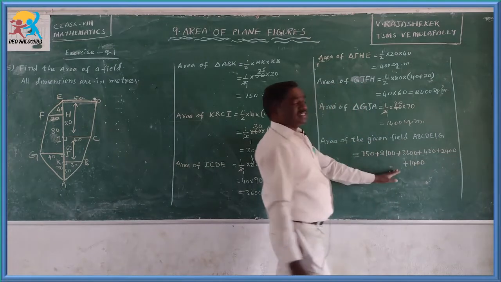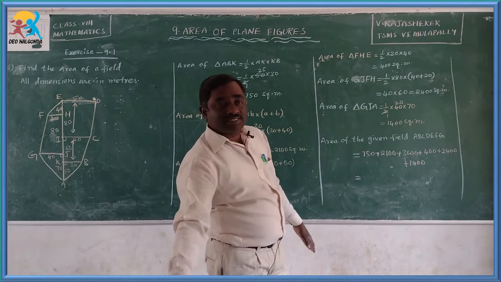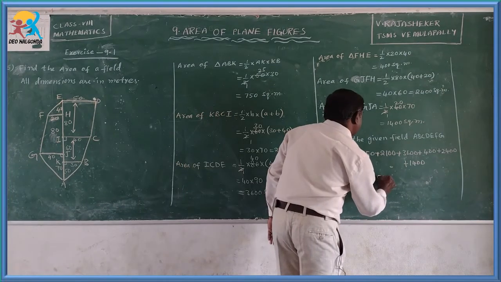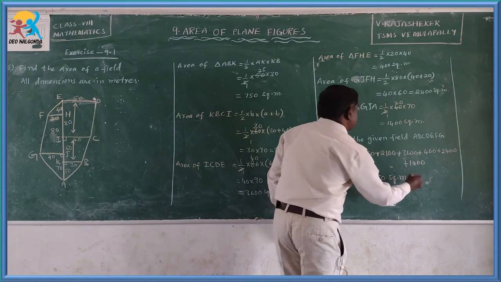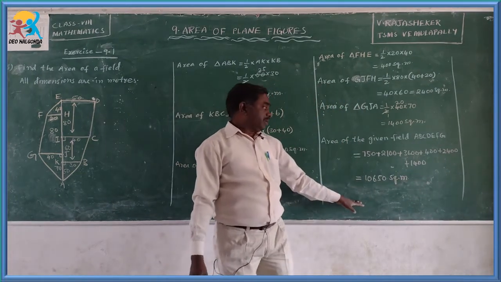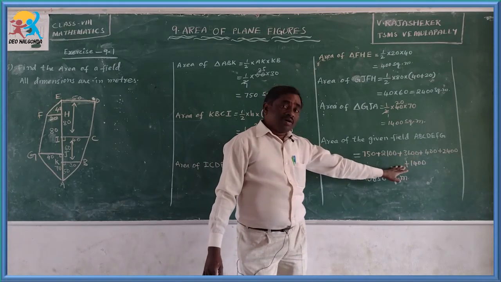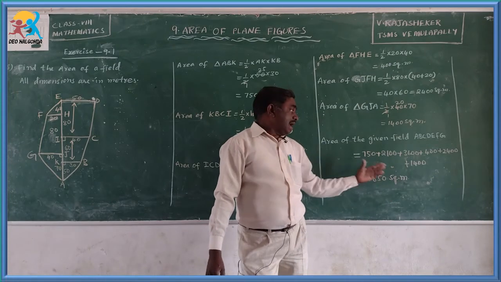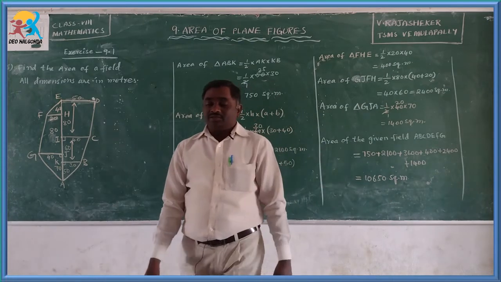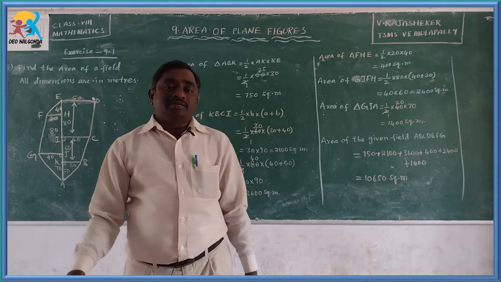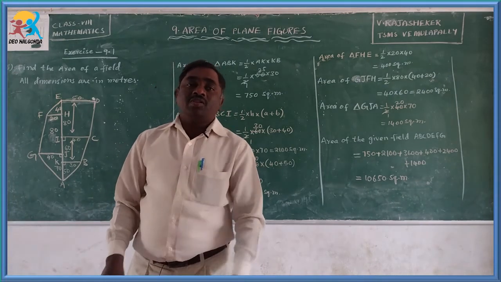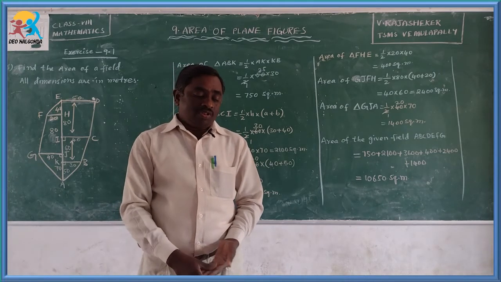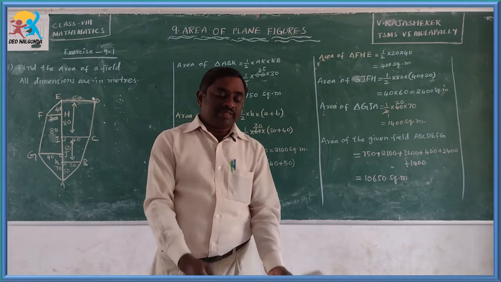By adding all these, we get 10,650 square meters, and this is the field area. Like that we can complete all the areas in the exercise given. All the problems we can complete easily.